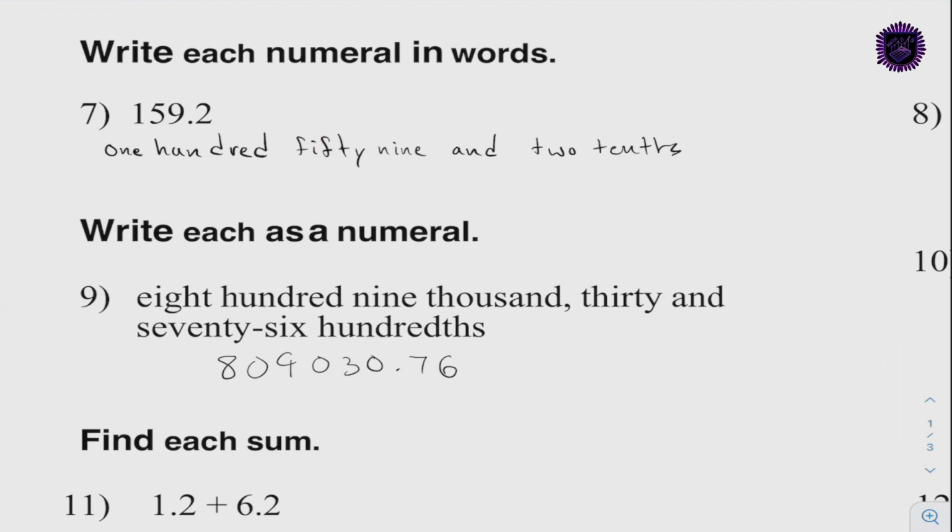This is I like this. 809,000 and 30. Not and 30. 809,000 30 and 76 hundredths. That's good. It's making me think. I like that.